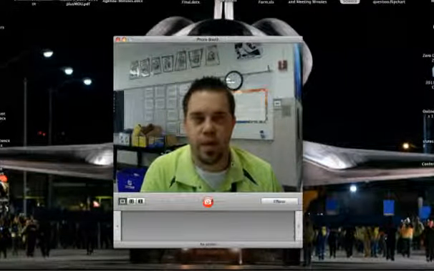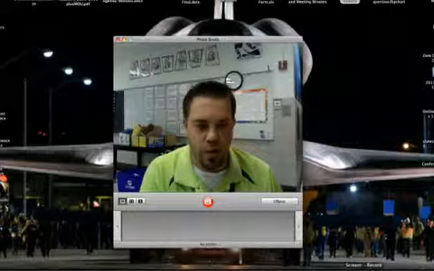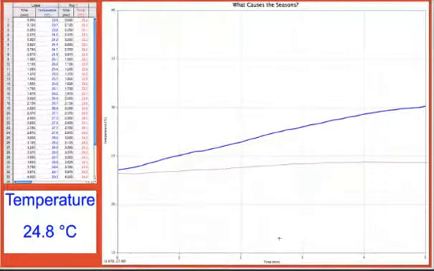So I've already run the lab, and I'm going to show you what the data was for the lab. It looks like this. Over here on the left-hand side, the blue temperature represents summer temperatures. The starting temperature for the blue temperature, and you're going to need this for your data table, was 23.6 degrees.